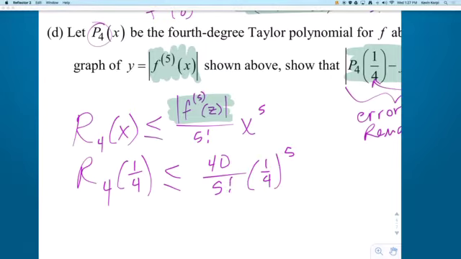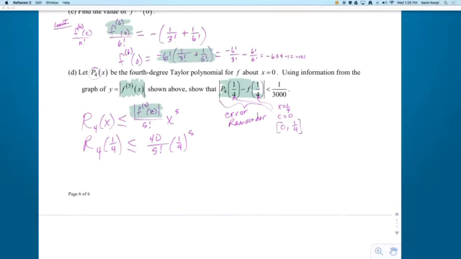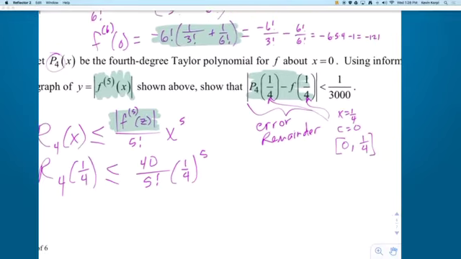So I plugged in my 1/4 for x, and I replaced the absolute value of the 5th derivative with its maximum value of 40. And then show that it's less than 1 over 3,000.